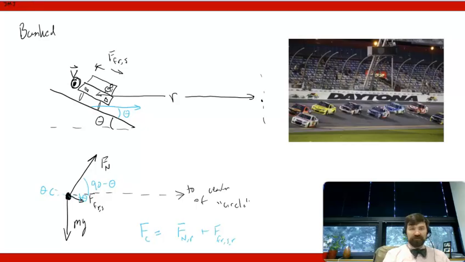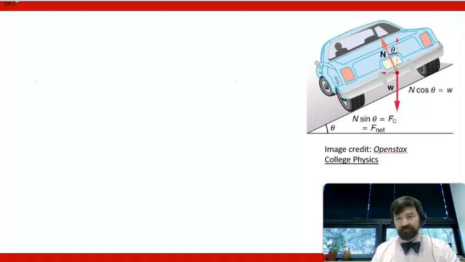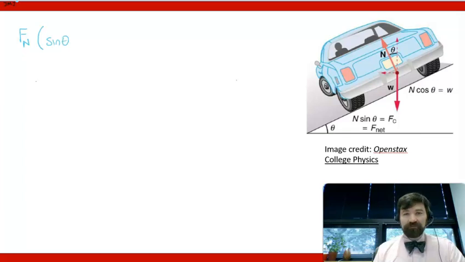So using a little bit of trigonometry, it should be clear that the component of the normal force that is contributing to centripetal force is the sine component. And so we can say something like the normal force times the sine of theta.